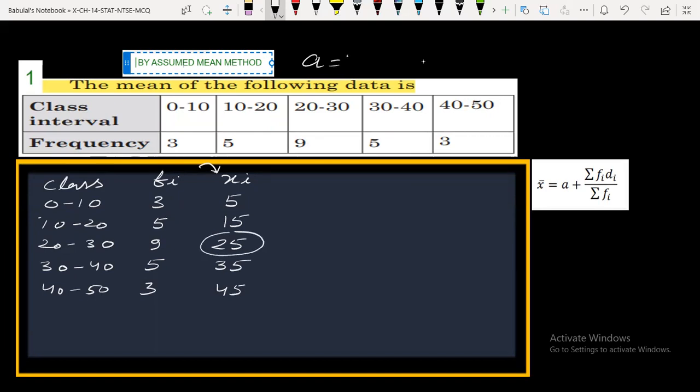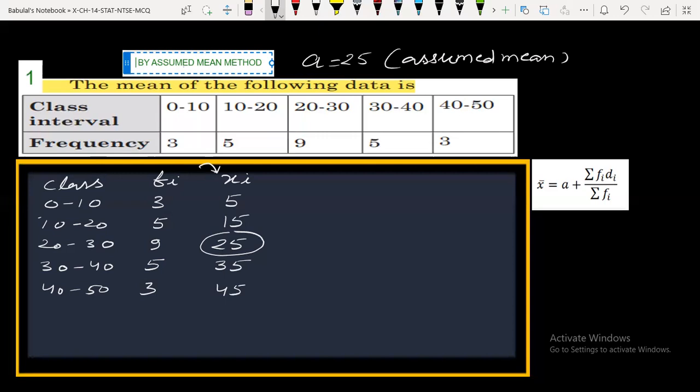So right here the assumed mean is 25. This is the assumed mean. ये हमारा actual mean नहीं है, हमने एक mean अब suppose कर लिया है. इस assumed mean method से हमें अब सही mean को, correct mean को find out करना है.